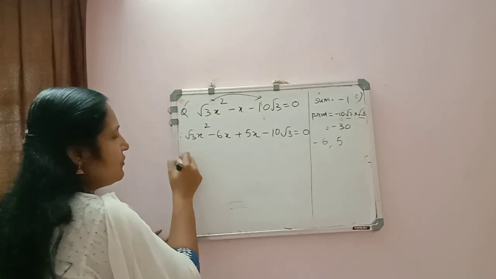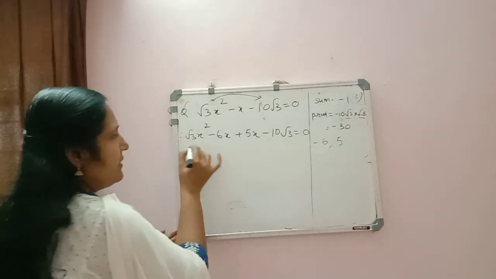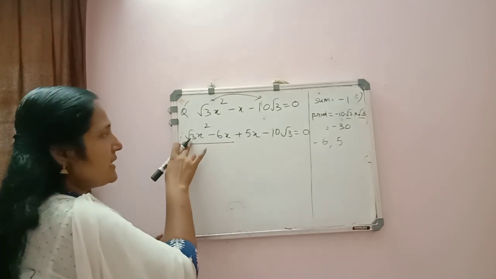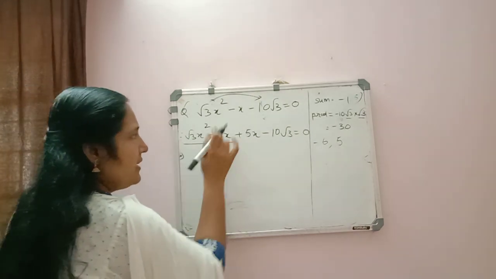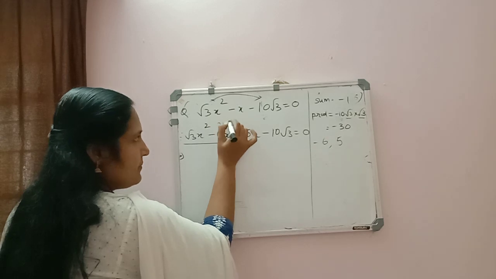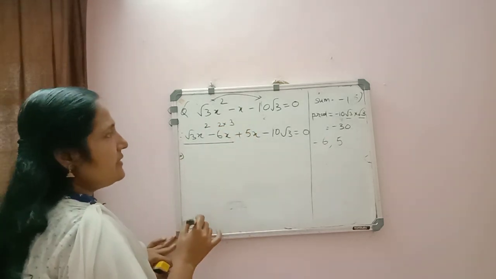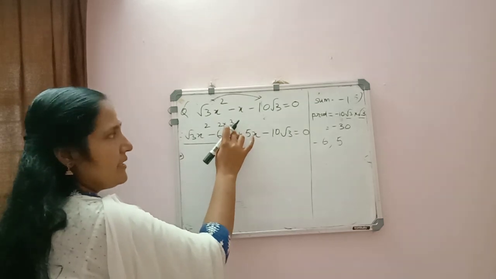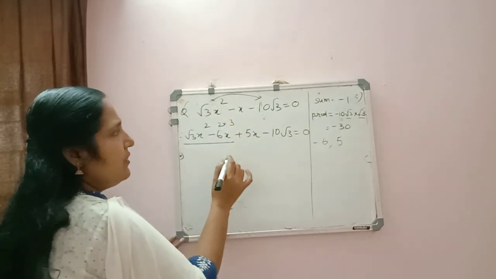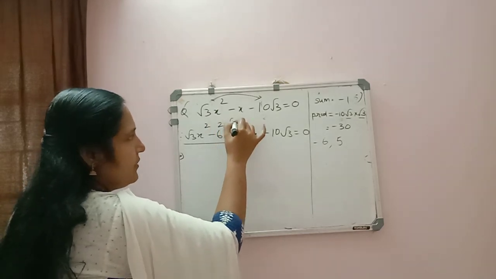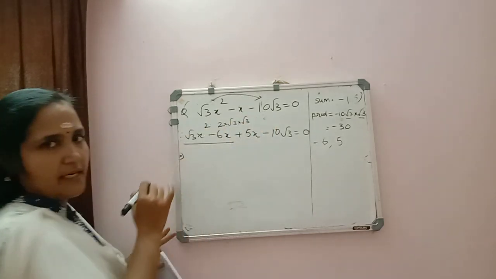Now we have to check what will be the common factor. I am simplifying since here we have an irrational number. 6 can be written as 2 into 3. And as we have studied in 9th class, 3 can be written as root 3 into root 3. So this 6 can be written as 2 into root 3 into root 3.